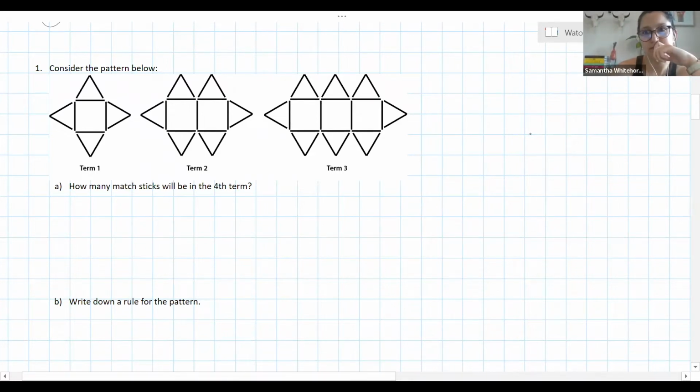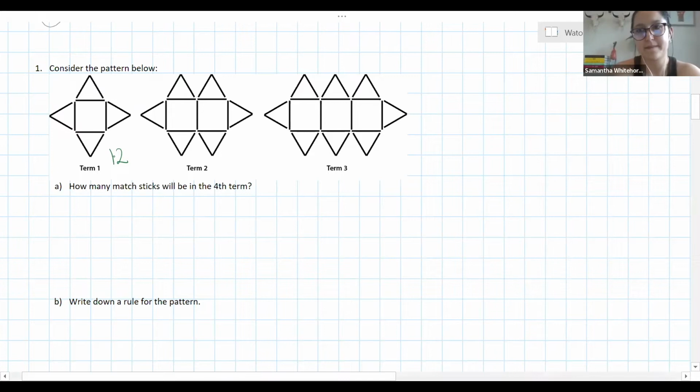Ma'am, is there going to be 9? 9 what? Ma'am, the sticks? Yeah? Yeah, 9 sticks, ma'am, are being added each time? Yeah, ma'am. Okay, so how many sticks make up the first picture? 12. Okay, and what about the second one?